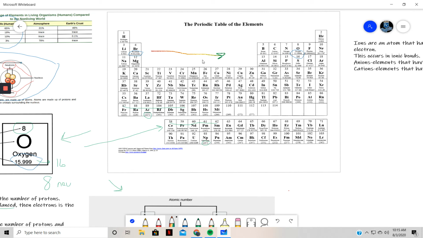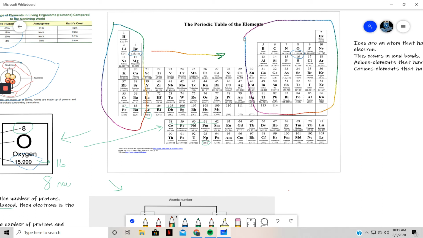Okay, so some other characteristics: when we talk about ionic bonds and covalent bonds, we'll put these things in groups. We'll take this section here and this section here and talk a lot about them when it comes to bonding. But we just wanted to refer to the general characteristics of the atomic number.